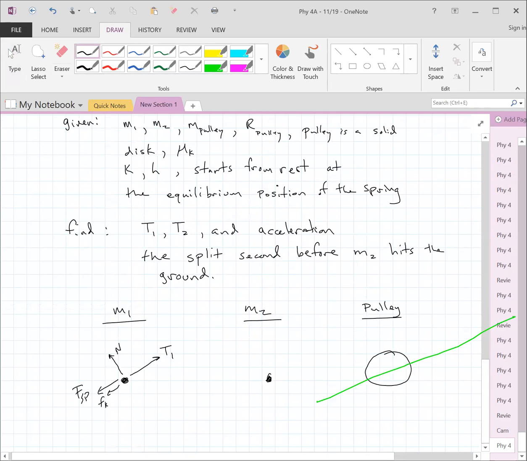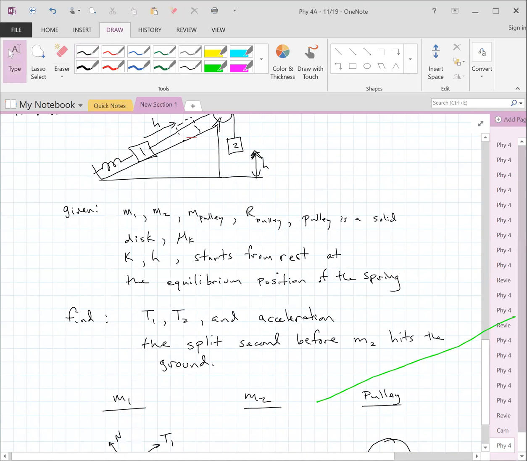And then we've got gravity, and we're going to break up our gravity into M1 g cosine theta, and M1 g sine theta down the incline. Okay, so that's everything acting on block 1.